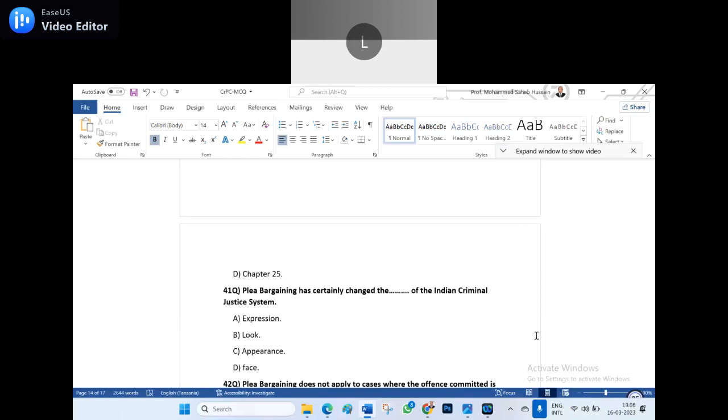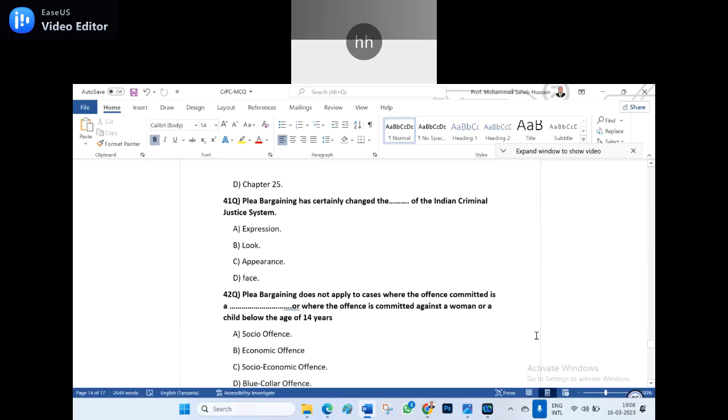Wrong. You know the face value? When you want to say there should be face value, it means there should be some basis to say so. So the right answer is D, face.